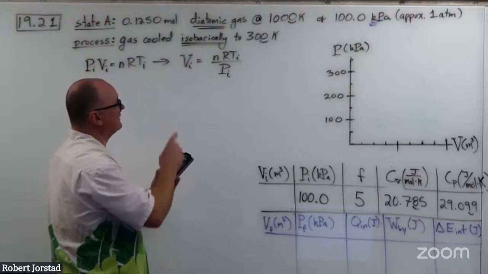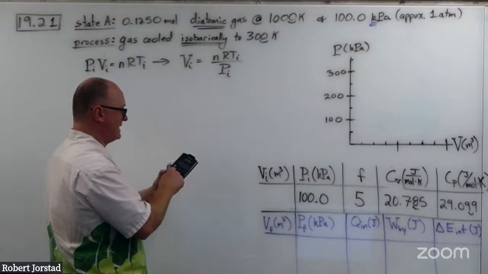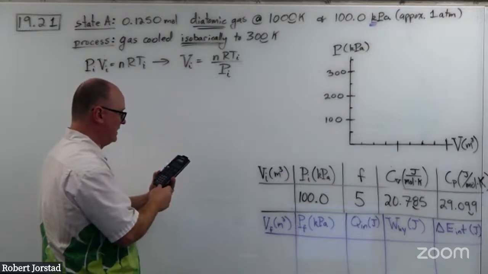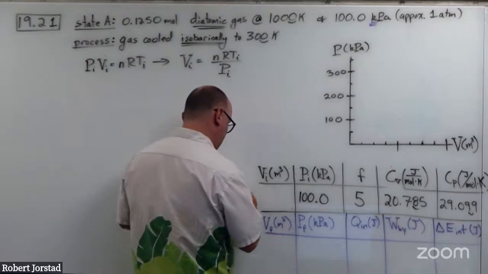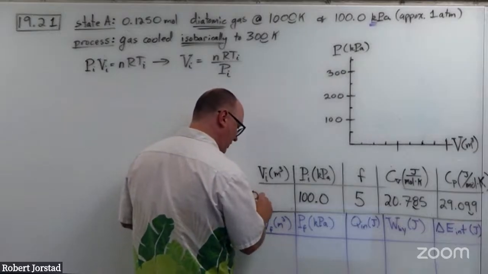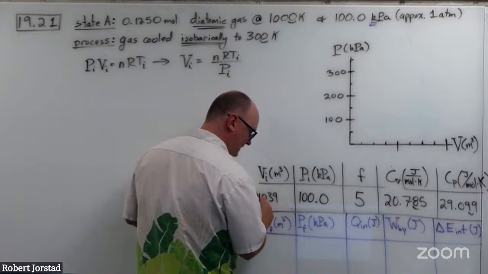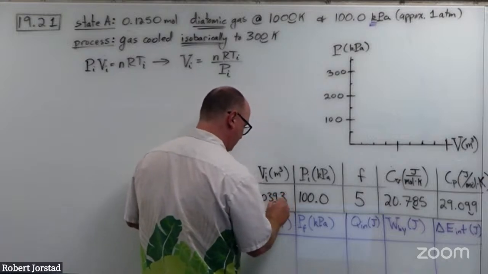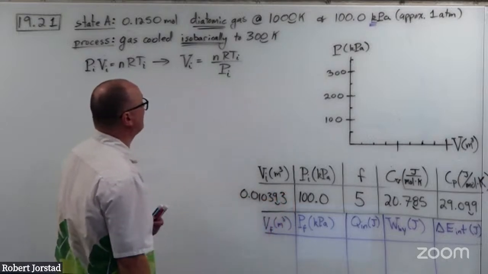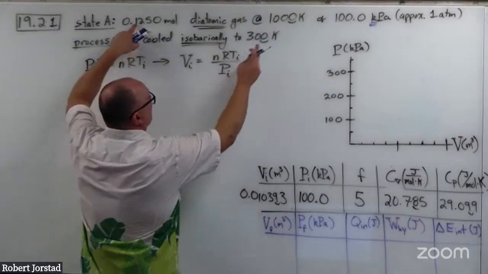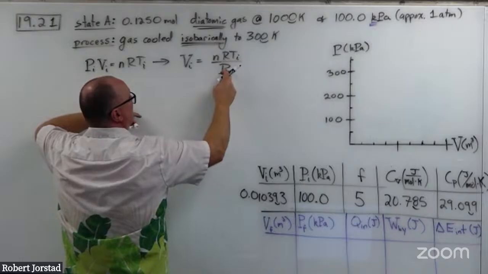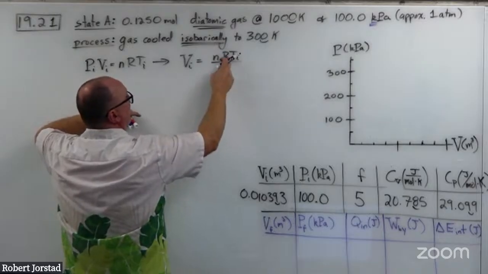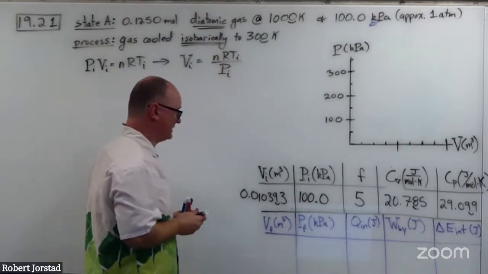Divided by the pressure, 100 E3. So I got 0.01039. I think everything had 4 sig figs: 4, 4, 4, and R had 4 as well. Yeah, okay, that's interesting.